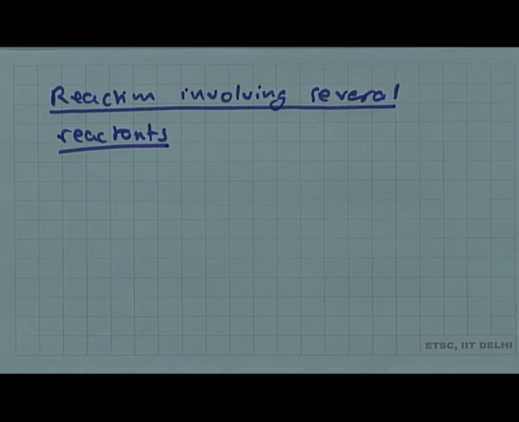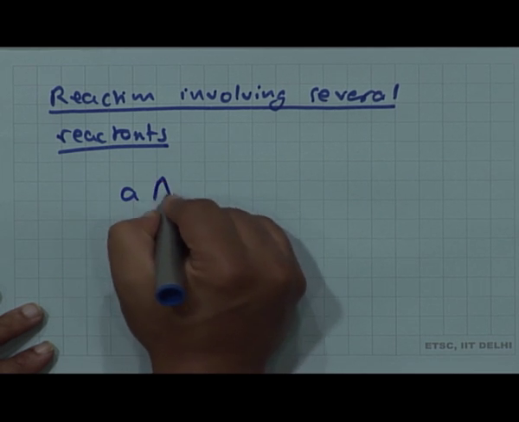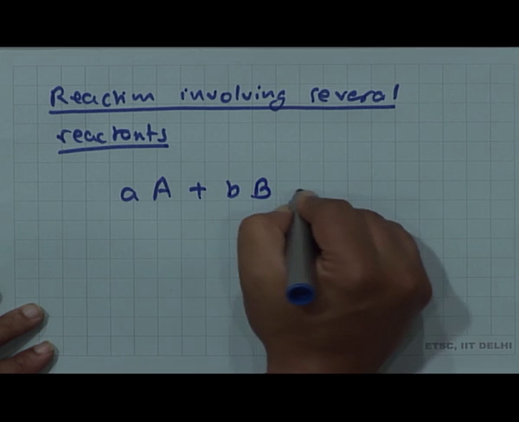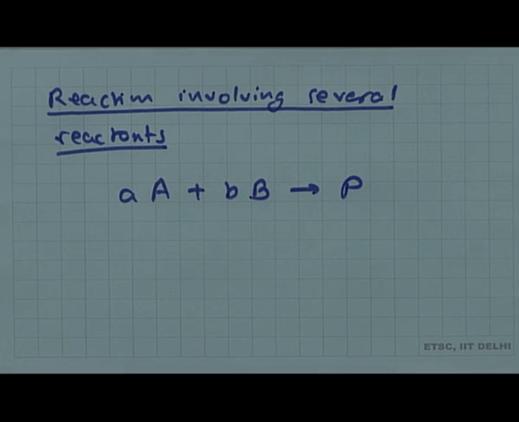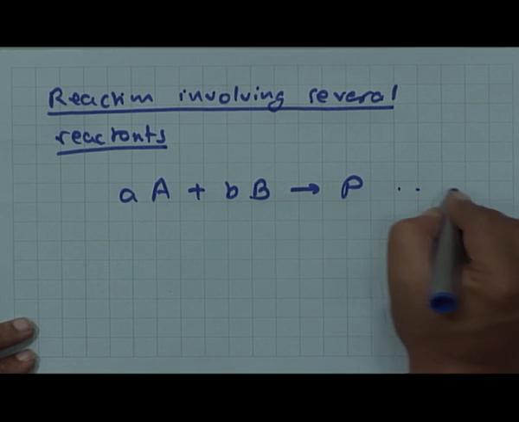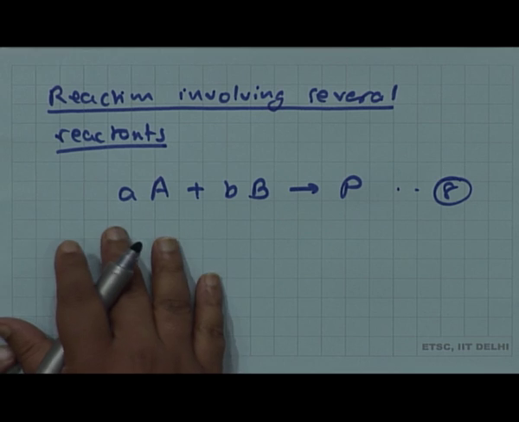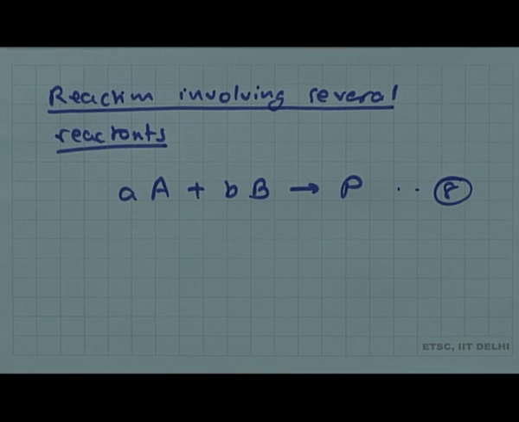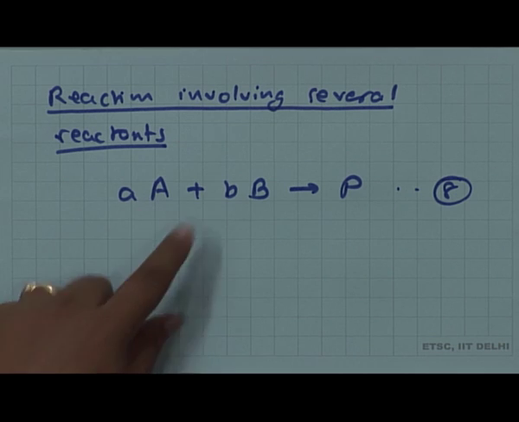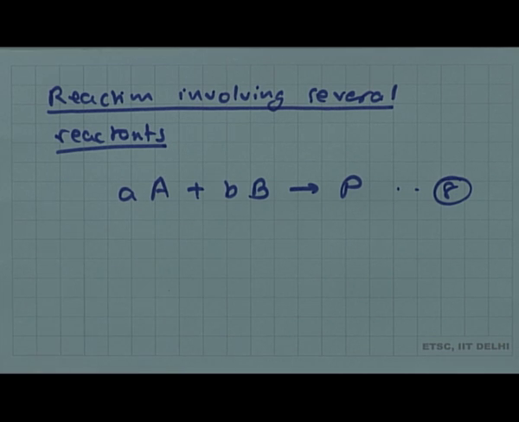What we mean by this is that we have a general form, a A plus b B going to P, let this be equation 8. There is a reactant A, there is a reactant B, there can be other reactants, but we will not make it that complicated. We will just stick to two types of reactants, with their corresponding stoichiometric coefficients which can be 1 or different from 1.